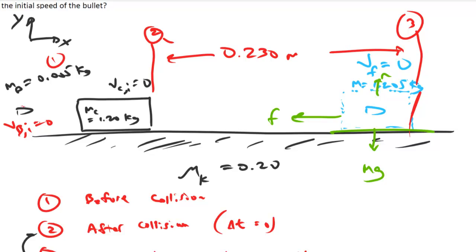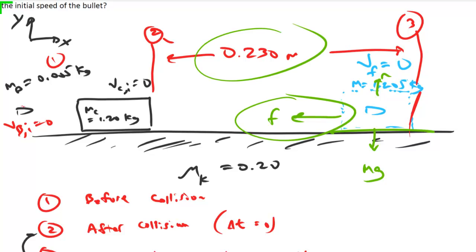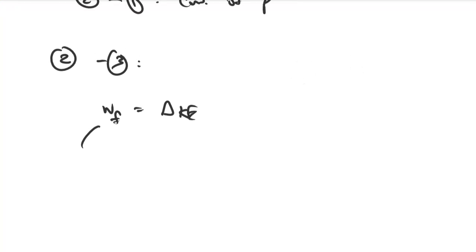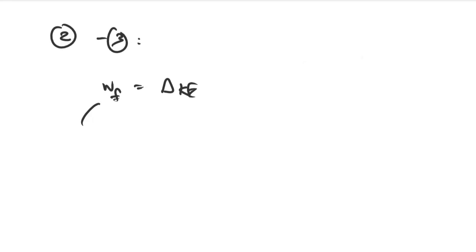And so the work done by friction will be the frictional force times this displacement here. And so we have the work done by friction is, and this is negative, obviously. The work done by friction is always negative, but based on our sign convention, the force is negative, but displacement is positive.